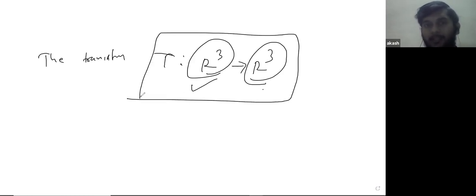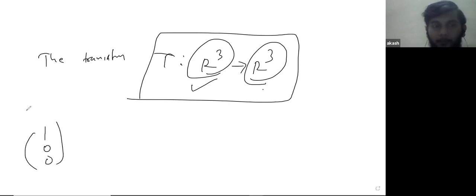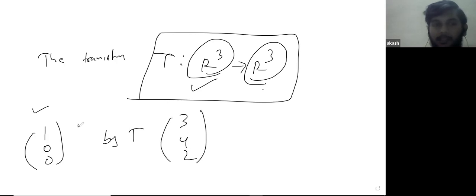This is what it reads. The point with position vector (1, 0, 0) is transformed by T to the point with position vector (3, 4, 2). This is transformed to this, they are saying.